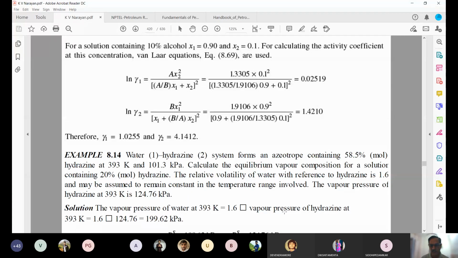The hydrazine-water system forms an azeotrope containing 58 mole percent. Find the equilibrium vapor for a solution containing 20 mole percent hydrazine. The relative volatility of this system remains constant.